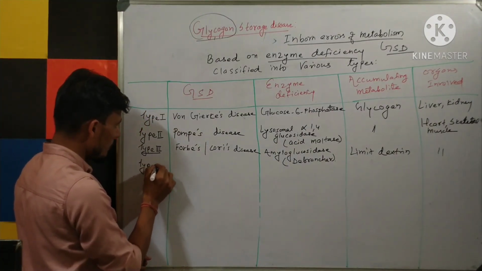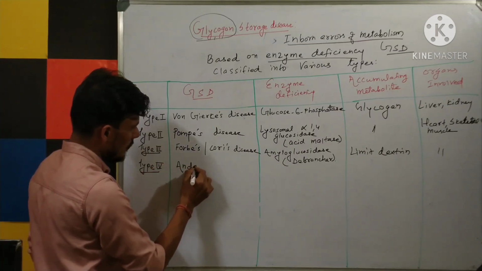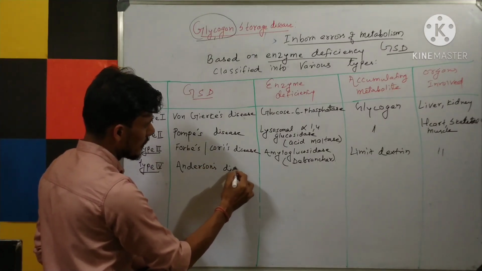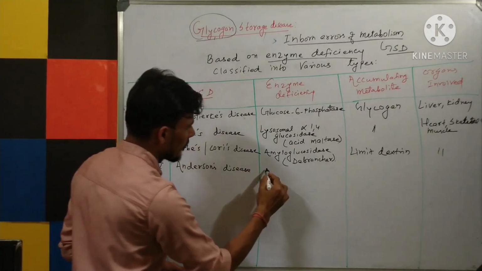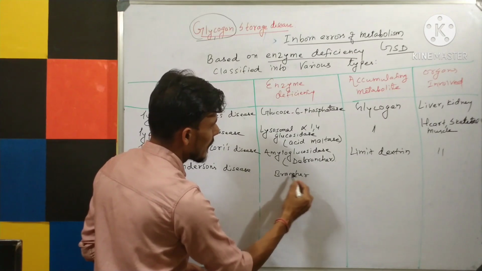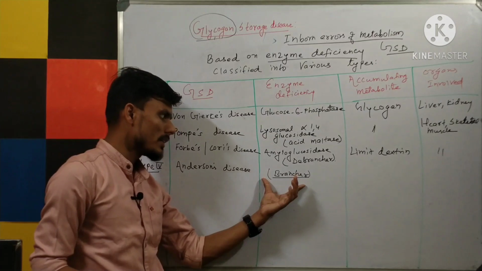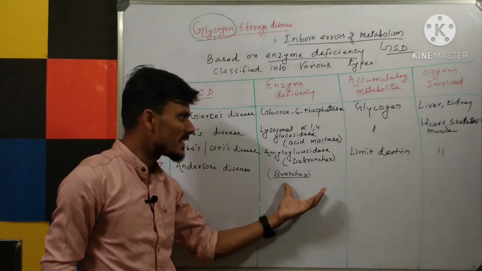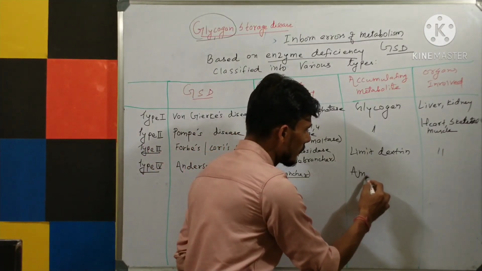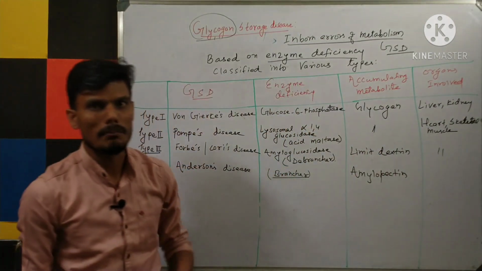If you see type 4, Andersen disease, it is called the brancher enzyme, or branching enzyme. The accumulating metabolite is amylopectin.